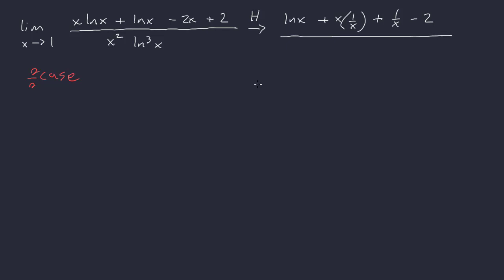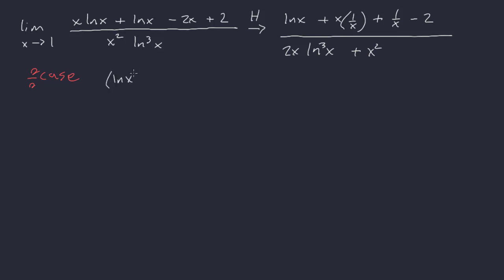Now when we go to take the derivative of the bottom, it's another product rule. So it'll be the derivative of x squared, which is 2x, times this natural log of x cubed left alone, plus this x squared left alone, and now it's the derivative of this natural log of x cubed.